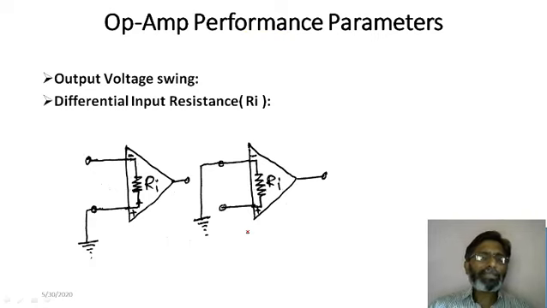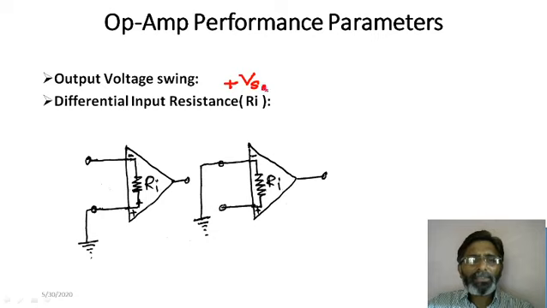Then the next is output voltage swing. Already we have seen that our output voltage swings between two levels, that is plus Vsat and minus Vsat. We have seen this in the characteristics. So this output voltage swing also has certain levels.